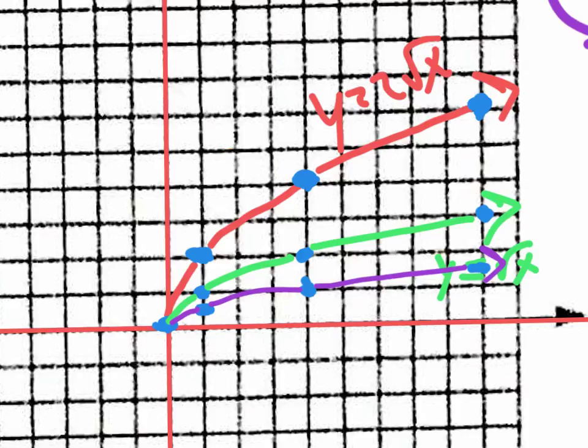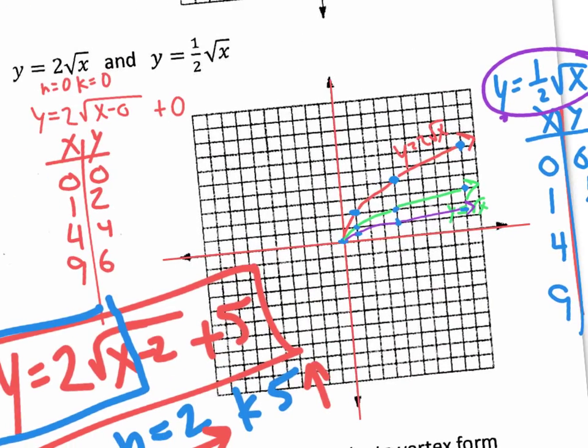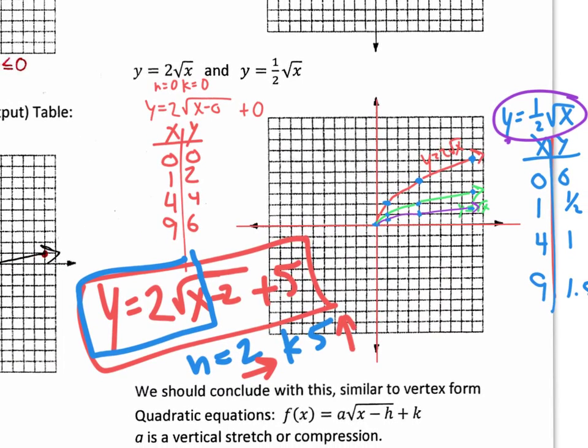You would have to take this next one and go 2 to the right and 5 up. And that would be your next coordinate, and so on and so on. So if you do have something that has an A value that's not 1, like this guy right here, and you have an h and k, ignore h and k after identifying them, graph this guy, and then shift the coordinates according to your h and k shifts. Does that make sense?